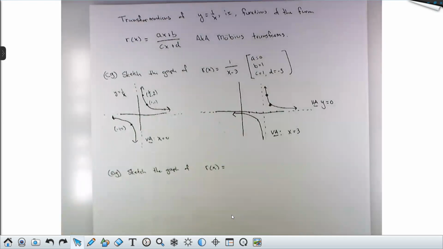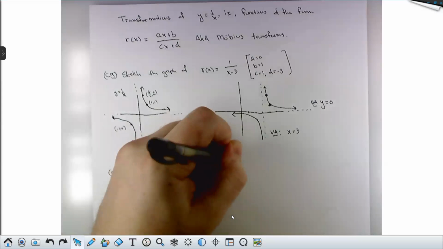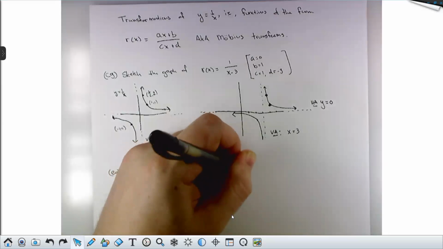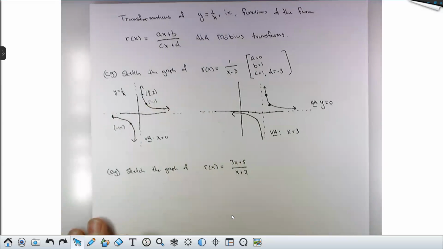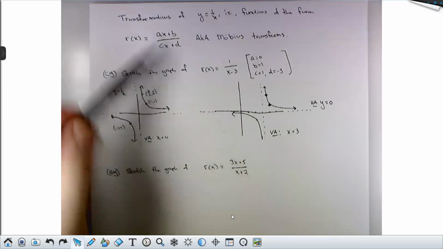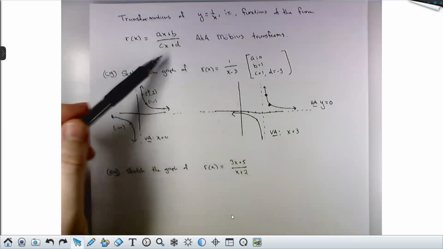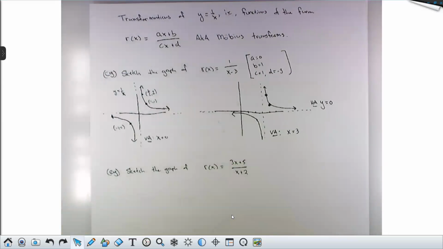Let's make it 3x plus 5 over x plus 2. So here a is 3, b is 5, c is 1, and d is 2. That's not a big deal. What is a big deal is figuring out how to write this as a transformation of 1 over x.